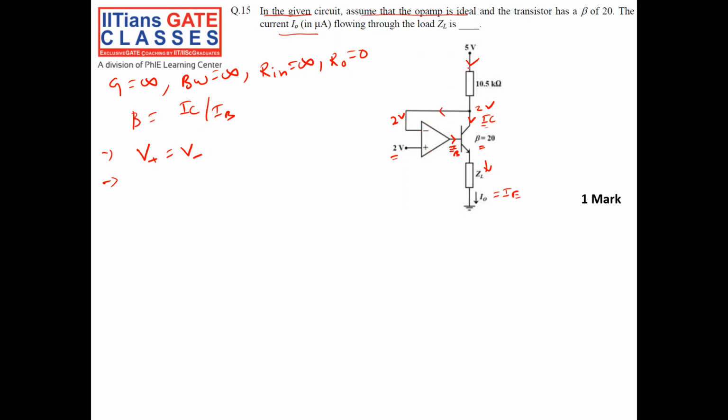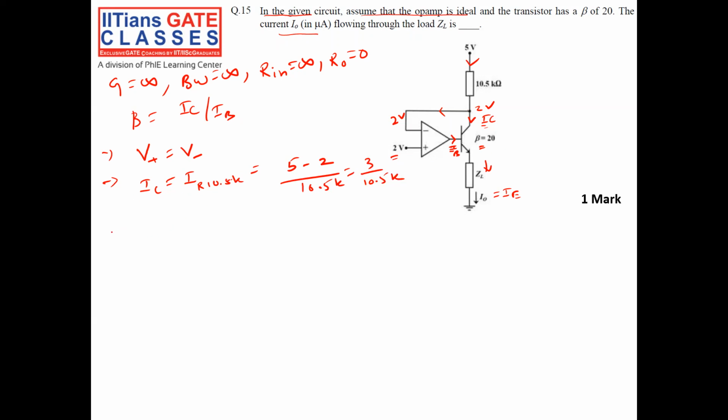Whatever current flows through the 10.5 kilo ohm resistor, the same current will flow through my collector. So my collector current is equal to the current flowing through R, 10.5K, which is (5 minus 2) divided by 10.5K, equal to 3 by 10.5K. This is my current in the collector.